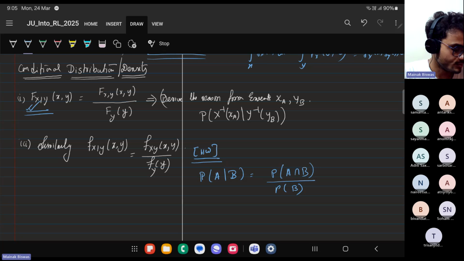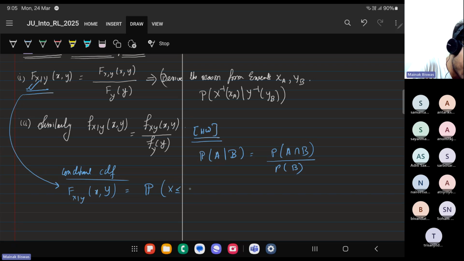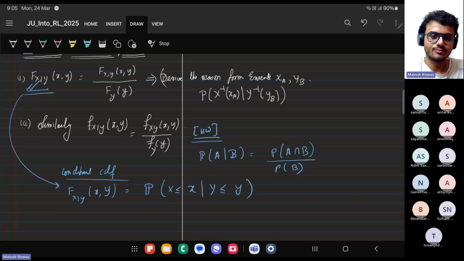So let's try to find it out. This is the definition of the conditional distribution, the conditional CDF: probability of X less than x given that Y is less than y. This is the definition that we'll be using.